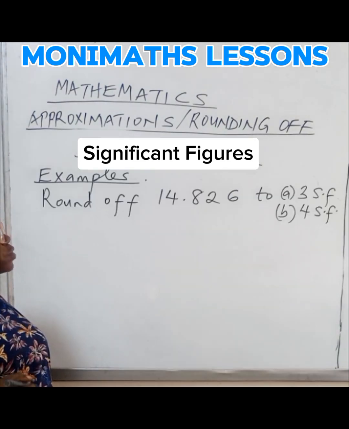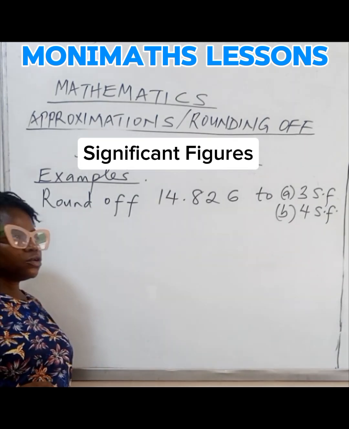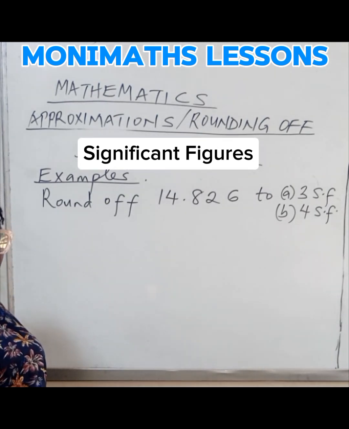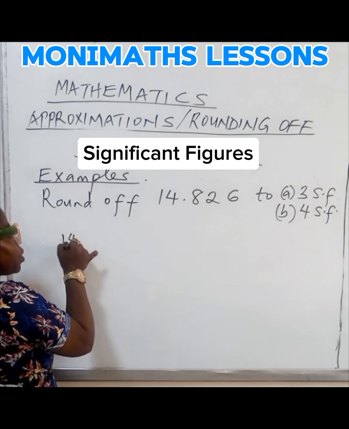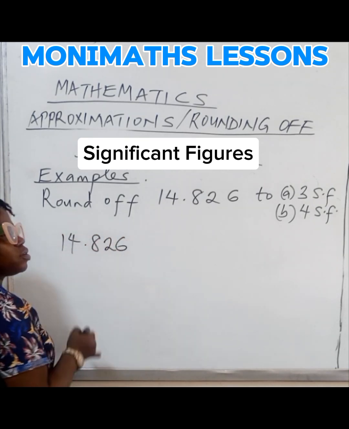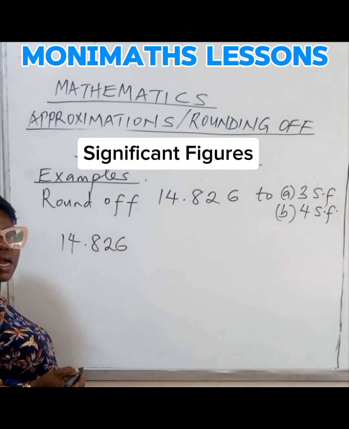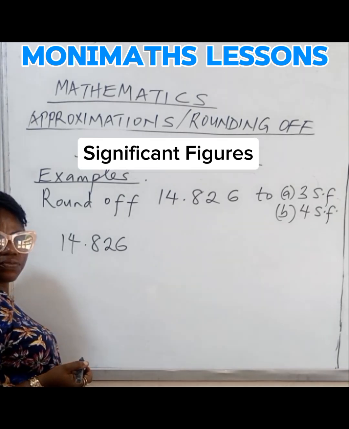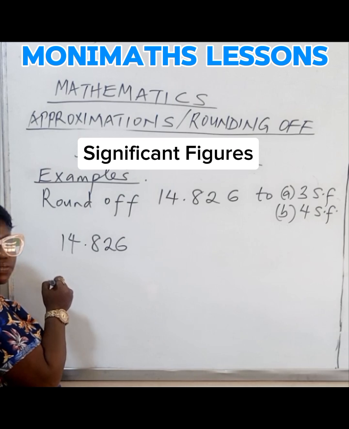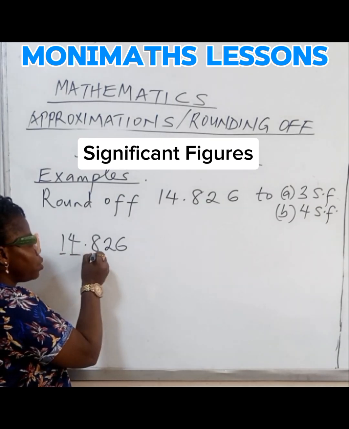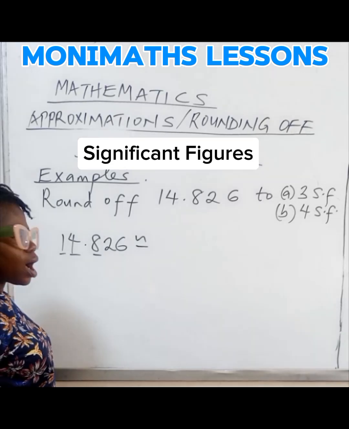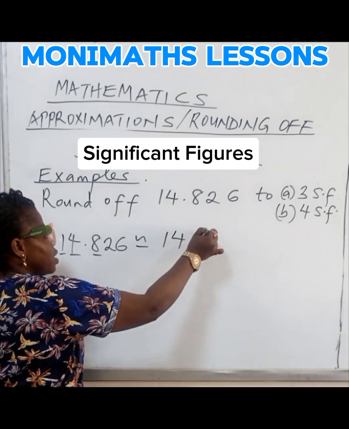Round off 14.826 to 3 significant figures and to 4 significant figures. 14.826 is a number in 5 significant figures. So to round off to 3 significant figures, I'll count the 3 significant figures, which are 1, 4, and 8. So to round it off, I will write this 14.8.